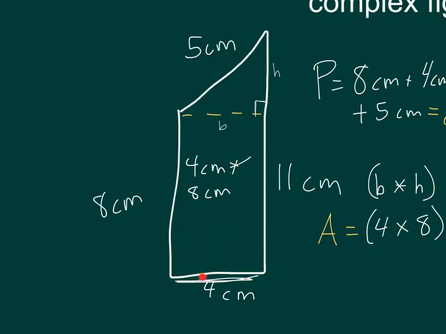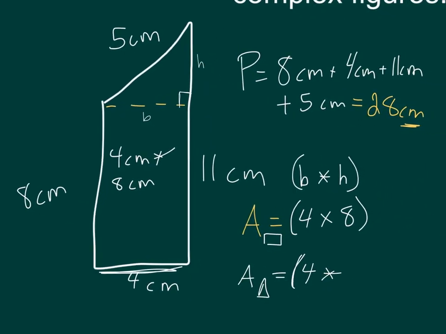So the base must still be 4. So over here on the right side, I've written area of a triangle equals 4 times something, and then I'm going to need to divide by 2 because the formula is base times height divided by 2. So the only thing left to figure out is the height.